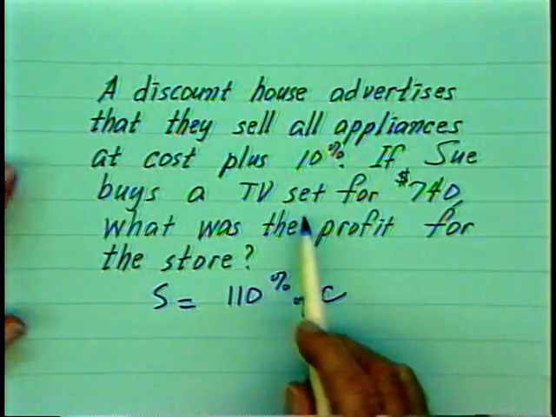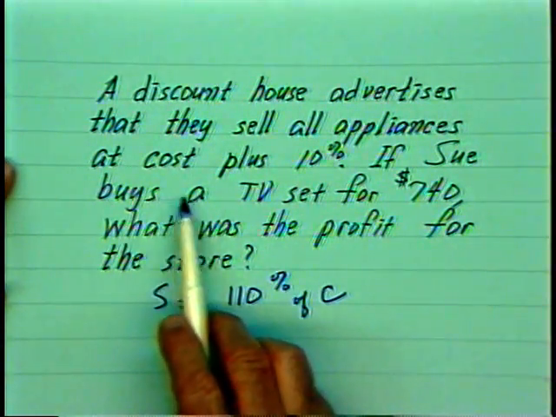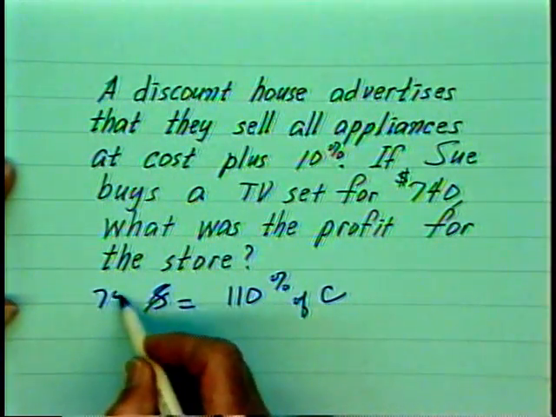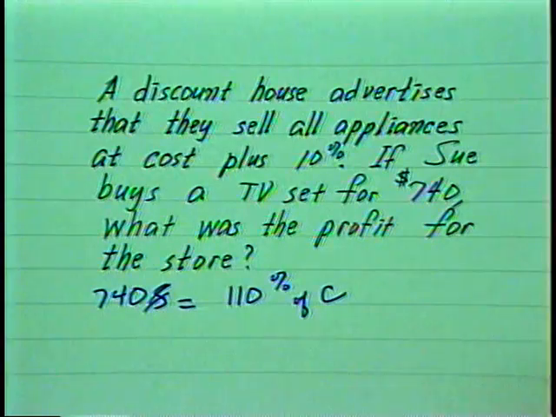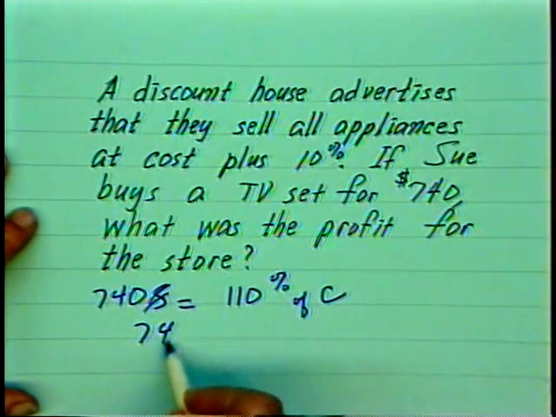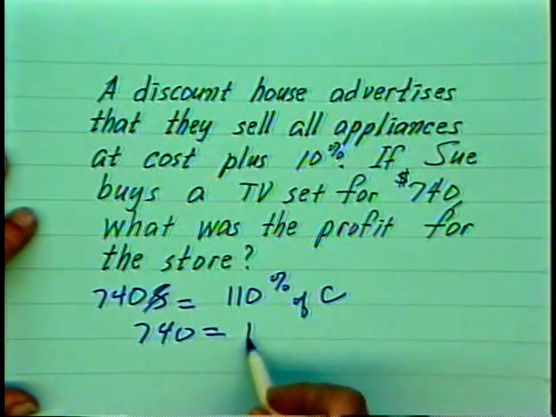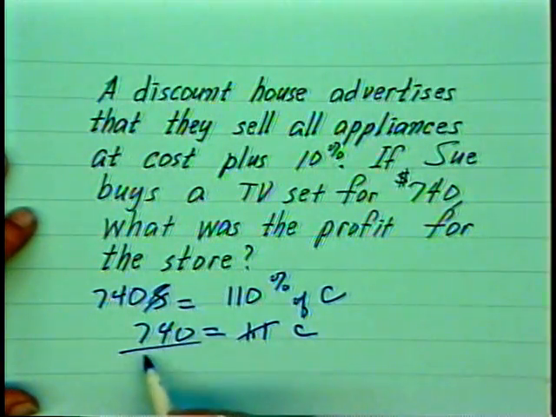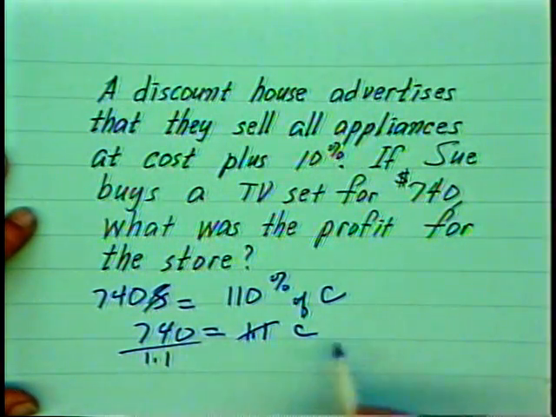But in this case, Sue bought the set for $740, which is the selling price, and we can find the cost. So this is 740 is 1.1 of cost. Divide both sides by the multiplier, the unknown.